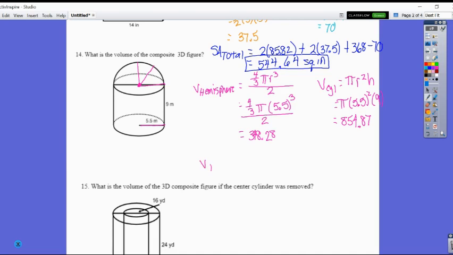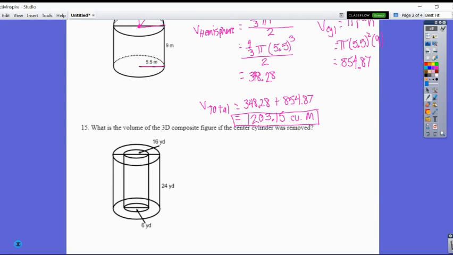So then to find the total volume, we're going to add them together, the 348.28 from the hemisphere plus the 854.87 from the cylinder. 1,203.15 cubic meters for my total volume.